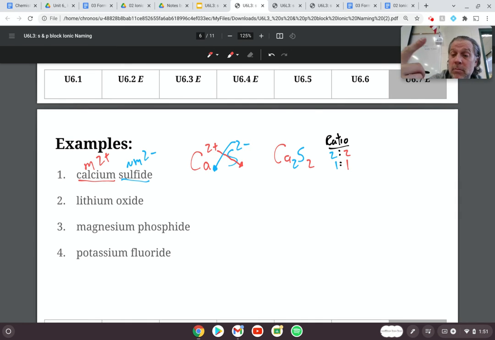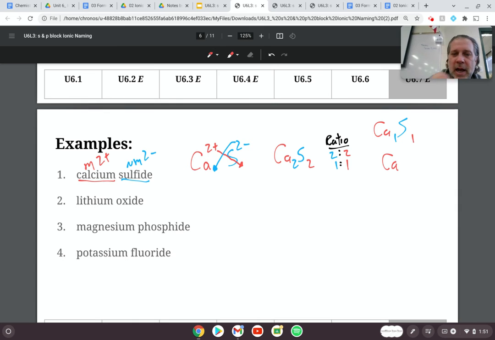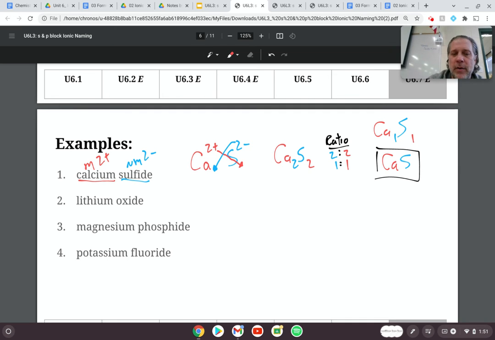So I'm going to rewrite my formula to be Ca1S1. And in chemistry, we try to avoid writing ones if possible, so I'm going to clean that up even further and simply write CaS. And that will be my final answer that I report. Any questions about this?